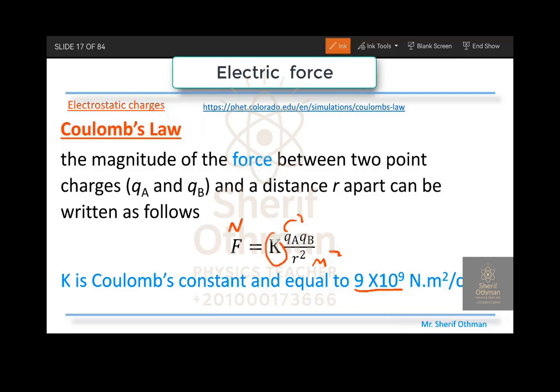So the unit of K will be Newton meter squared per Coulomb squared. K equals F R squared over QA QB. So it will be F in Newton times meter squared over Coulomb squared.